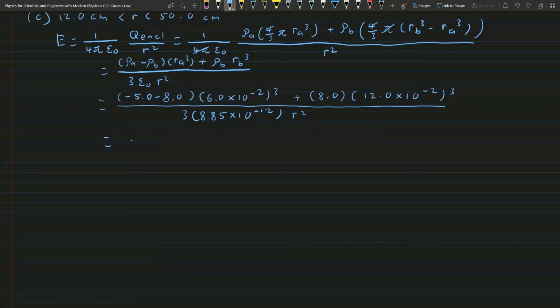Here I get this is 4.15 or 49 and to the 8 over this r squared, and we know the electric field is given by Newton per Coulomb for the unit. Well, of course, this is the case when we have the value for this r and we substitute it.